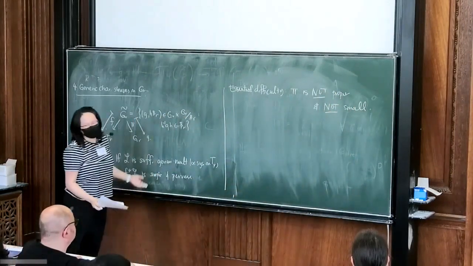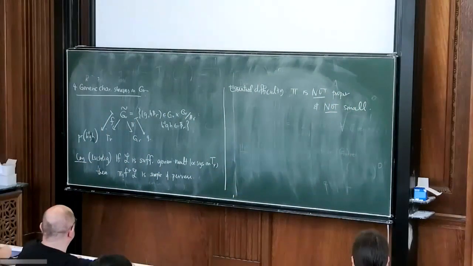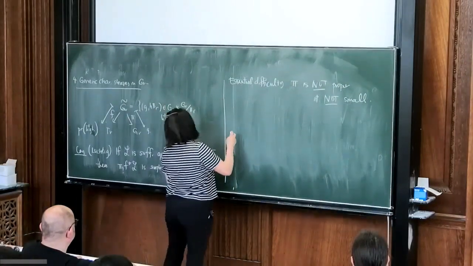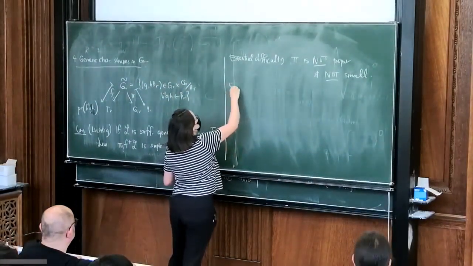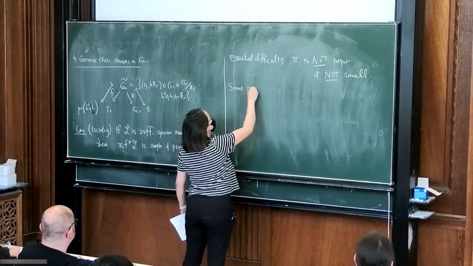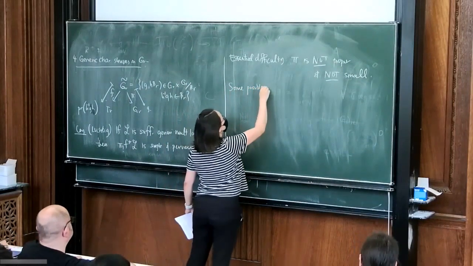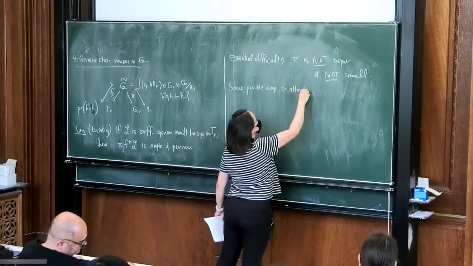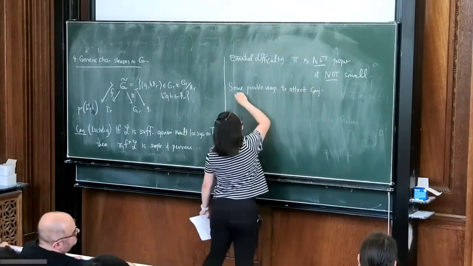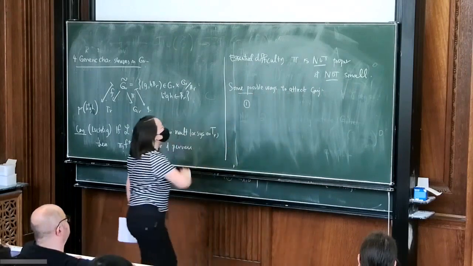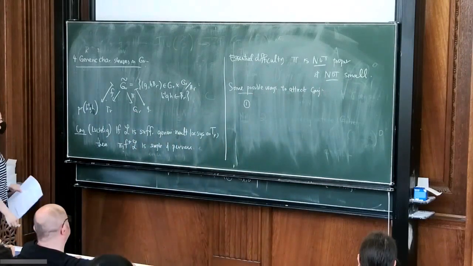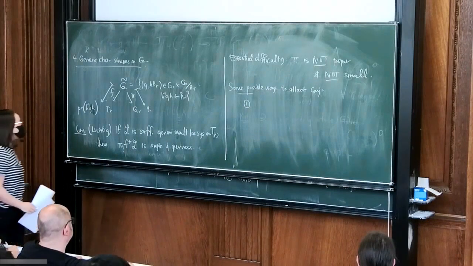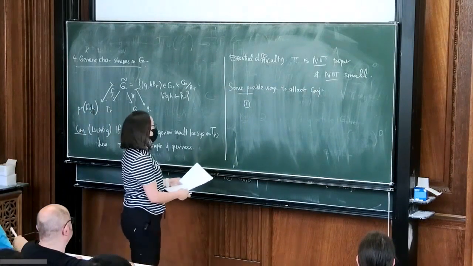So it's kind of bad, right? And so here are two possible ways to try to attack the conjecture. And then later I'll say the third way that we're actually able to make work.